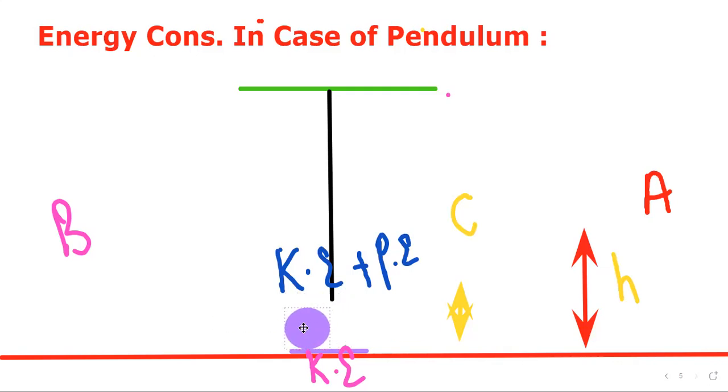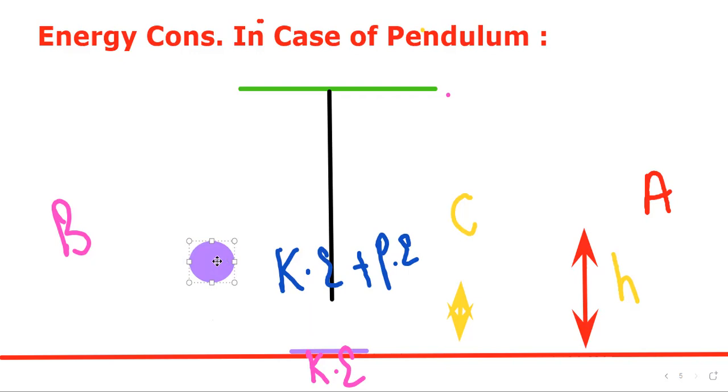This is because of inertia. The pendulum continues its state of motion because of inertia, and we are assuming that no air friction is present here.